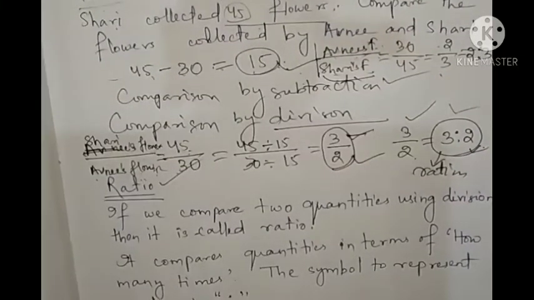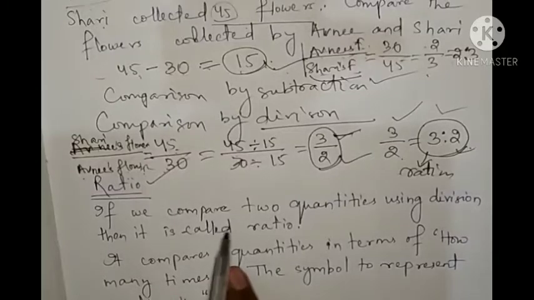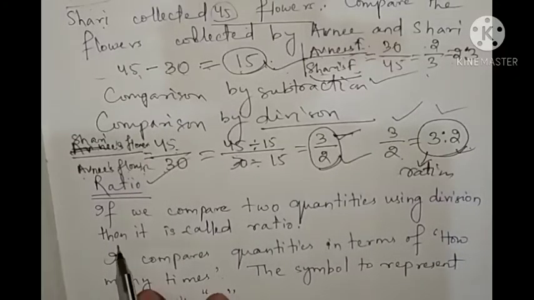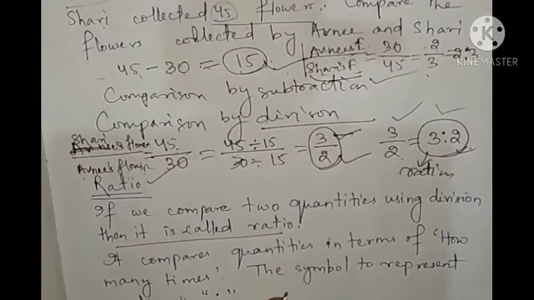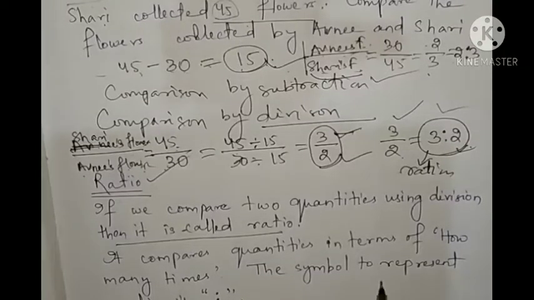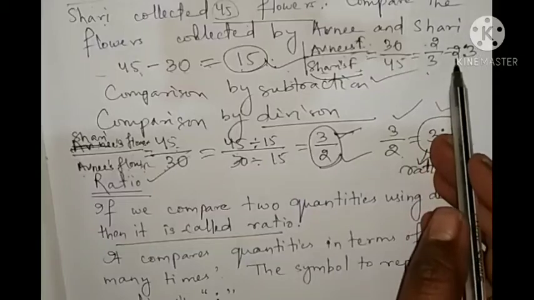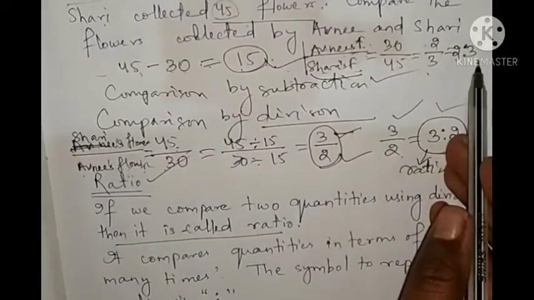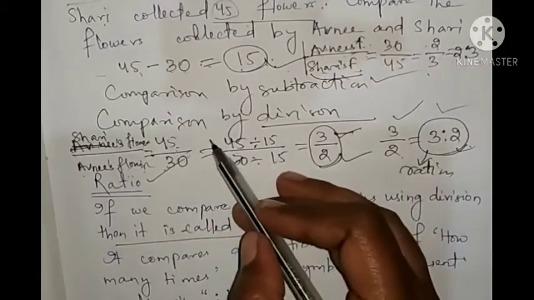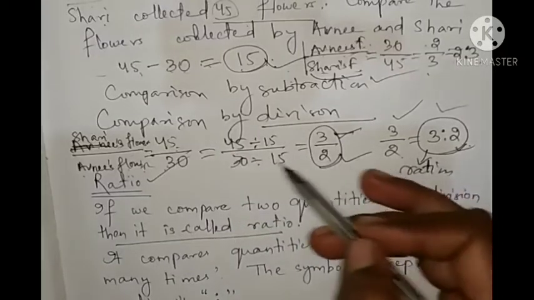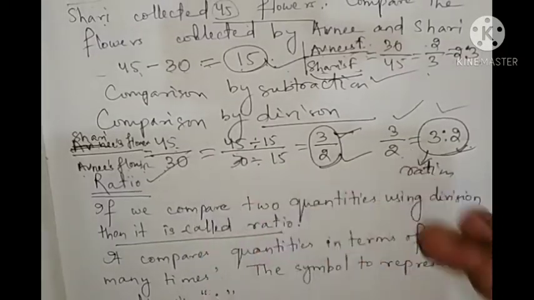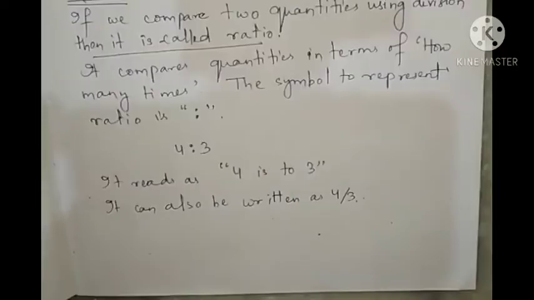So what is ratio? If we compare two quantities using division, then it is called ratio. It compares quantity in terms of how many times. So Avni has 2 times, but Sari has 3 times the flowers. So like this we can compare.